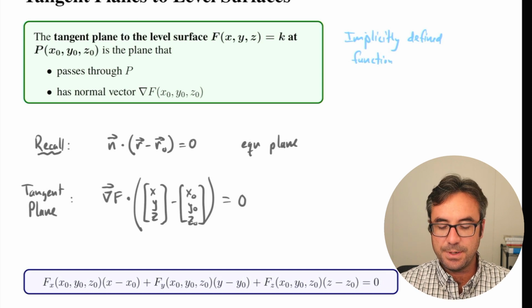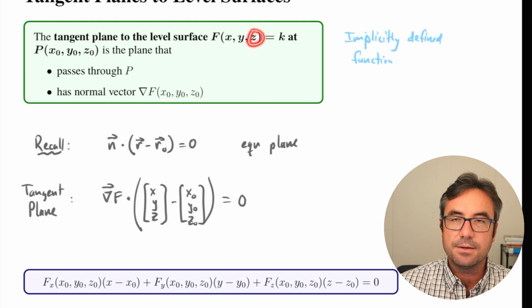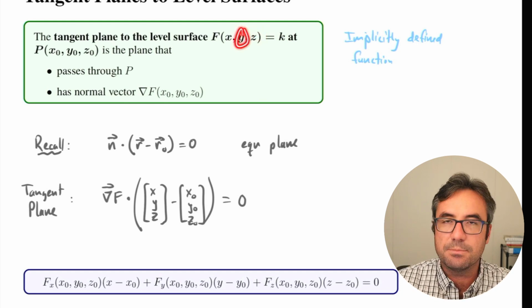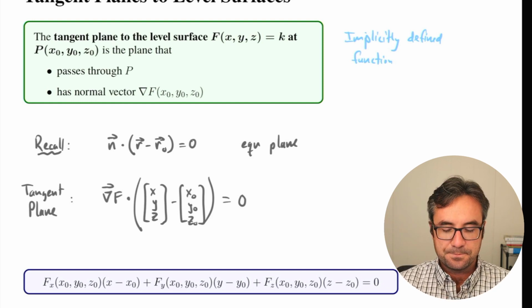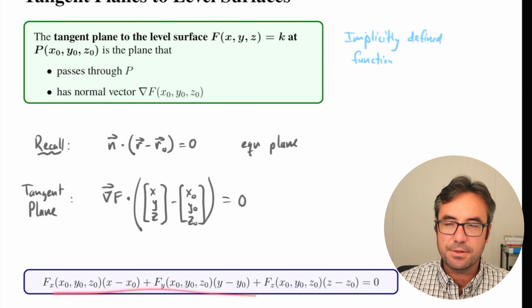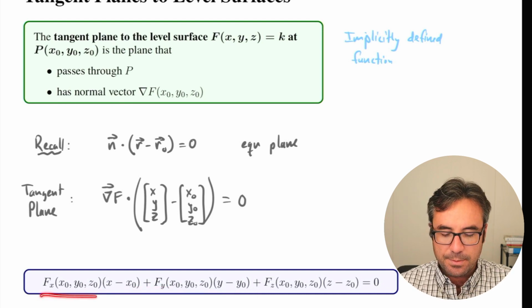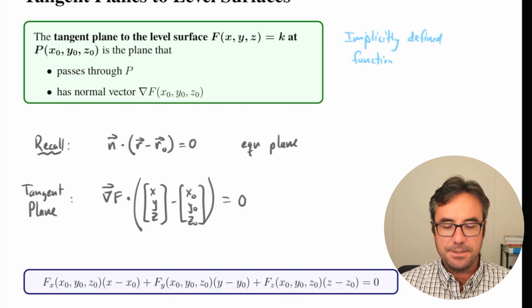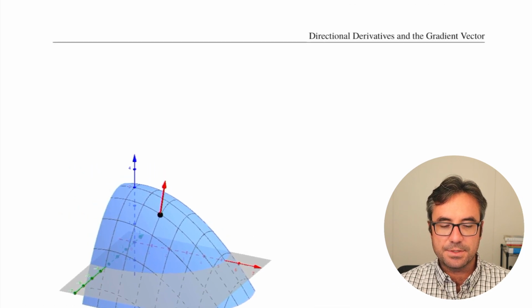So this gives us a way to get the tangent plane if we're maybe viewing z implicitly as a function of x and y, or maybe we're viewing y implicitly as a function of x and z. Depends. So we're still able to calculate. So even if we don't actually have what z is equal to, we're able to still figure out the tangent plane.